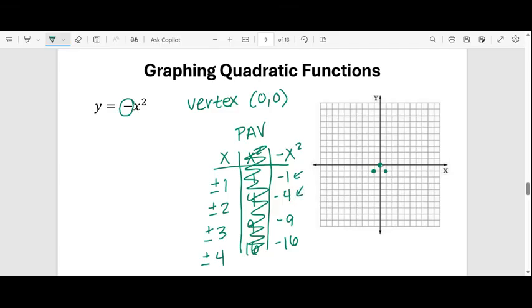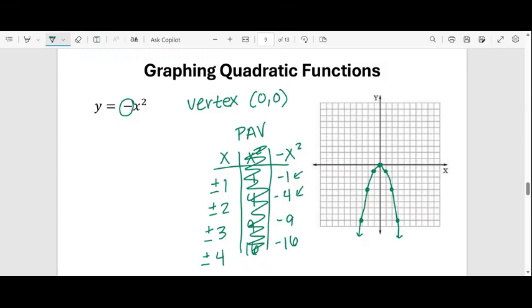So left and right 2 squares, down 4 squares. So negative means down. Left and right 3 squares, down 9 squares. And I can't fit that 16 on there. So what happened is our original graph opened upward when we had y equals x squared, but when we stick a negative in front of it as the coefficient, it forces our graph to open downward in the negative direction.